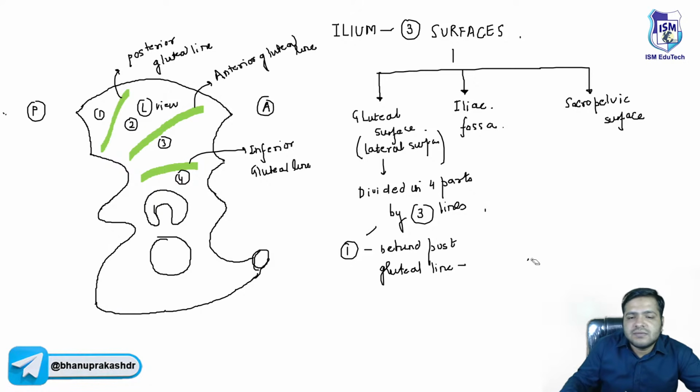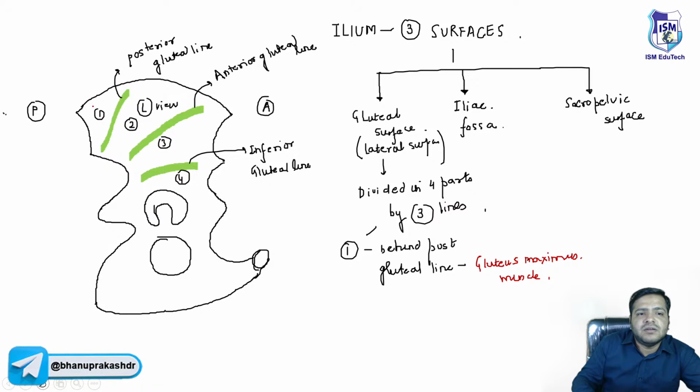It is the gluteus maximus muscle. Behind the posterior gluteal line means over here. Gluteus maximus.